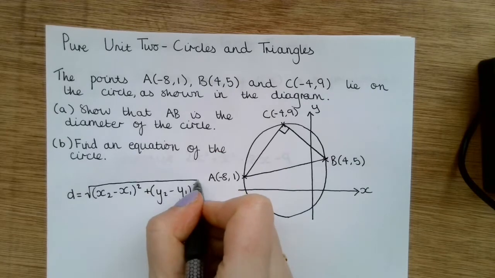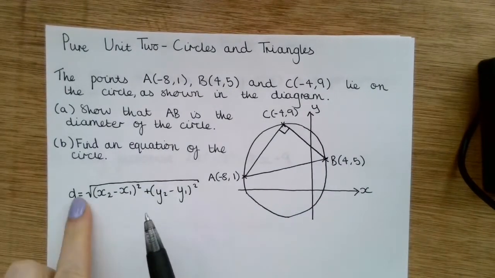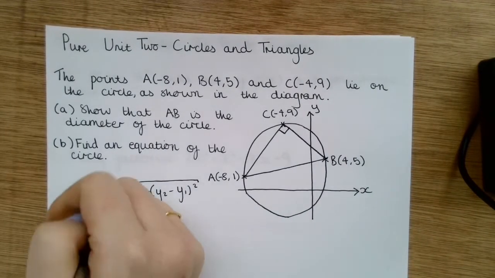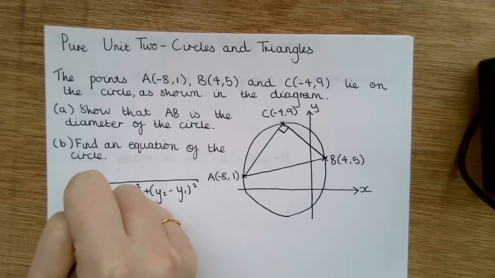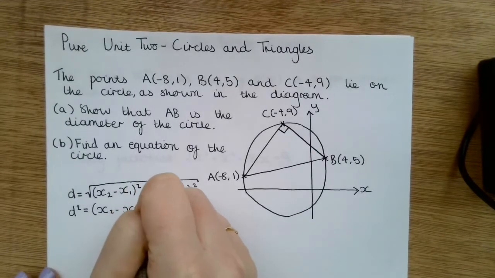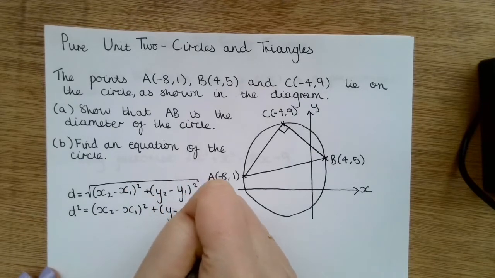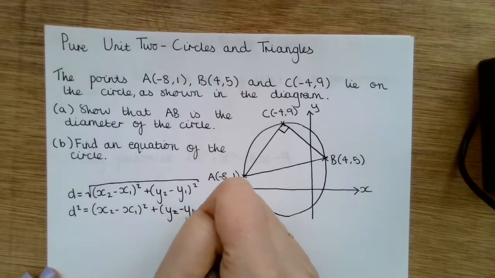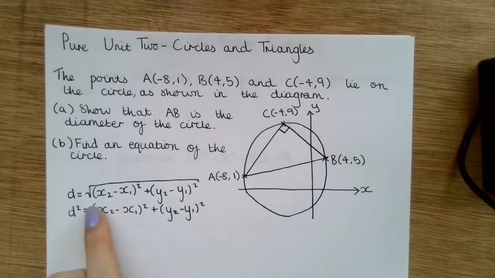Now, if we square both sides of this formula, we get that d squared is equal to (x2 minus x1) squared plus (y2 minus y1) squared. I'm going to use this version of the formula because I'm using Pythagoras, so I'm going to be squaring my side lengths anyway.